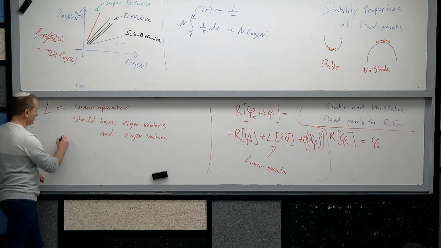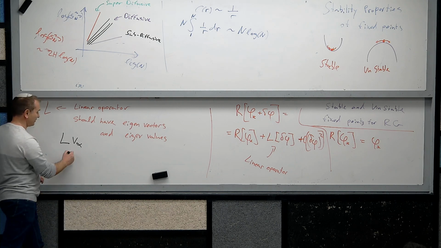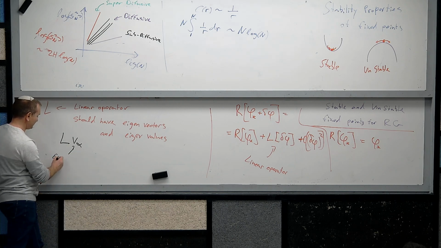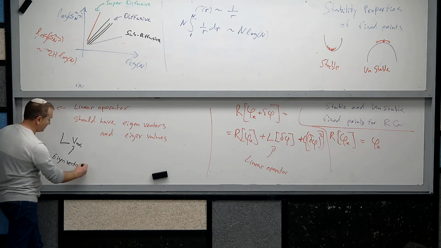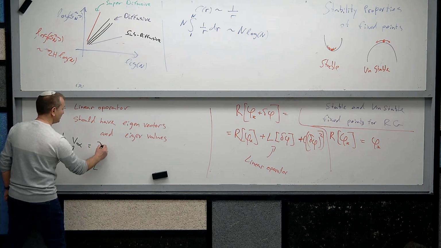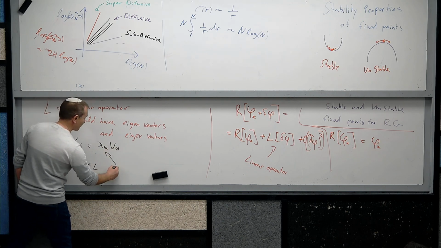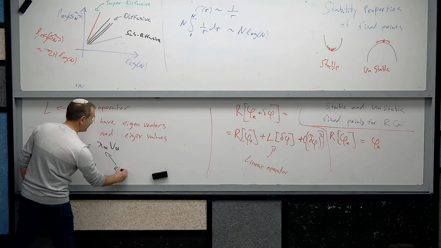I mean that L operating on the alpha eigenvector of L provides me with lambda alpha times V alpha, the eigenvalue.